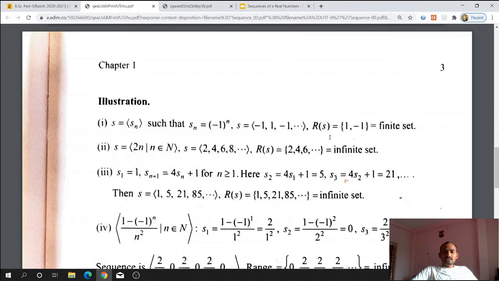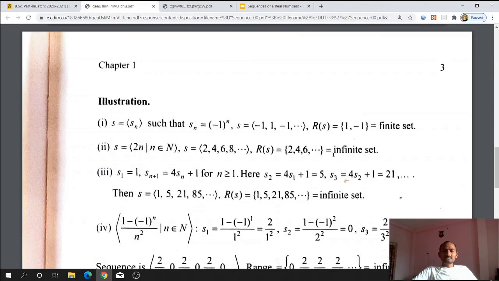R of S contains S1, S2, and so on. The first term S1 of the sequence is minus 1, S2 is 1, the third term is again minus 1, and the fourth term is 1.